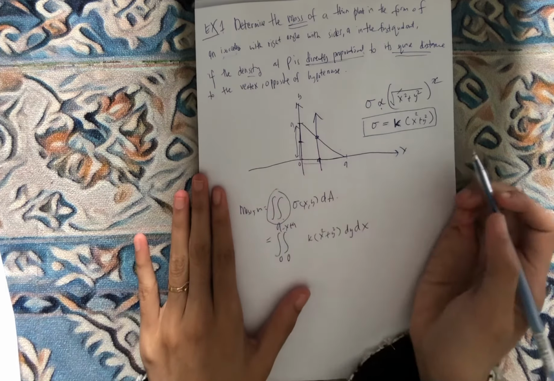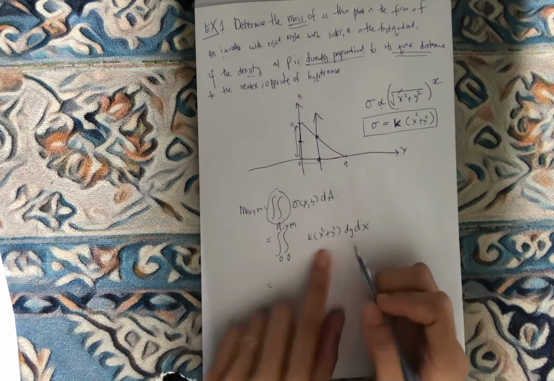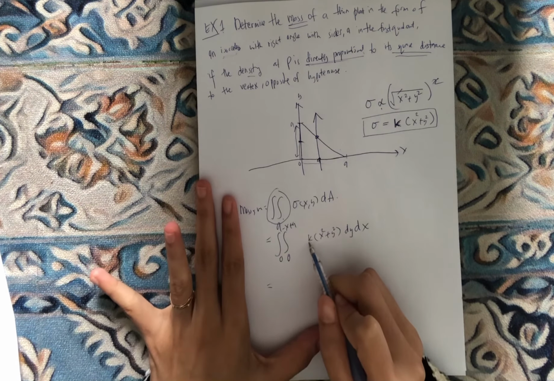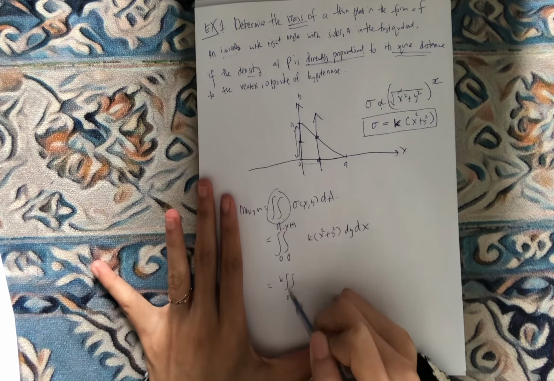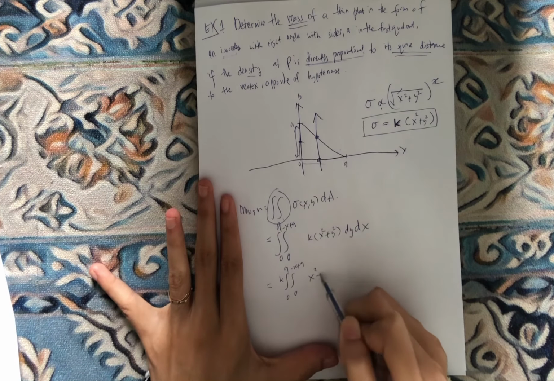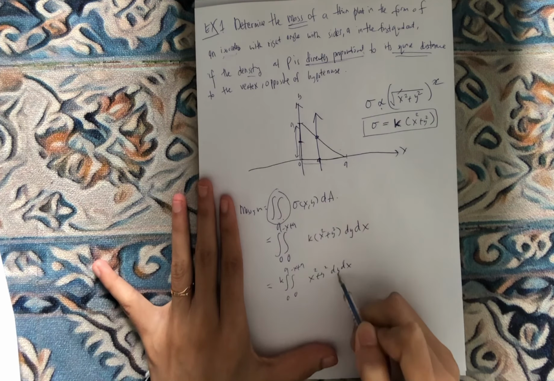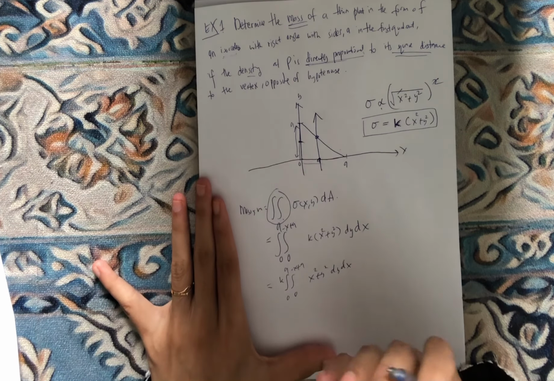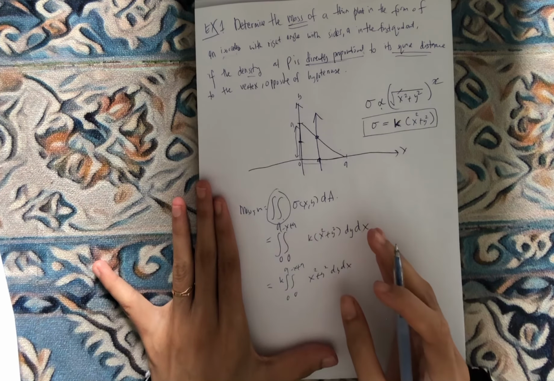Now what we do next is we just integrate. I will bring this k to the outside of the integral. So x square plus y square dy dx. You solve first with dy, and then you get the value.